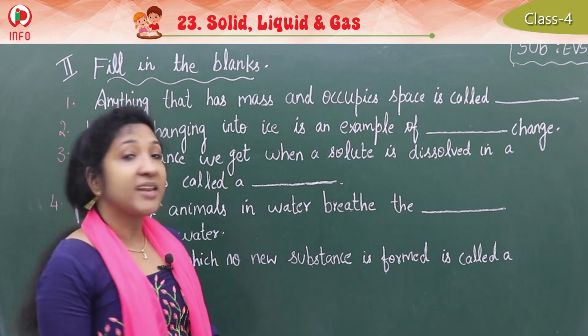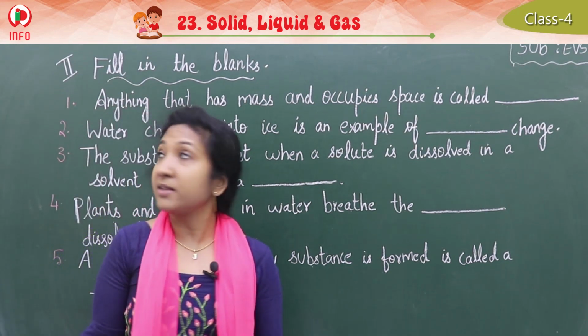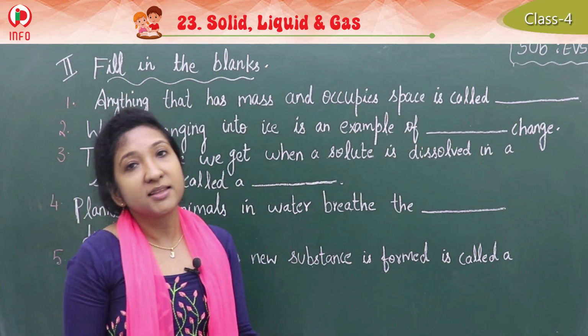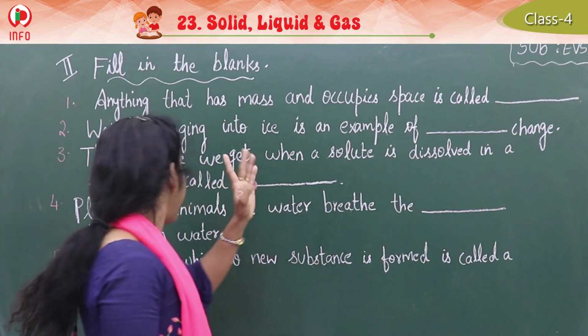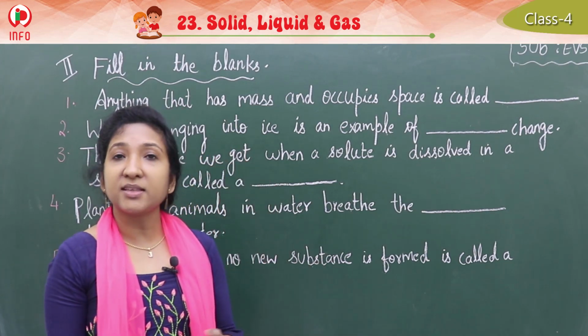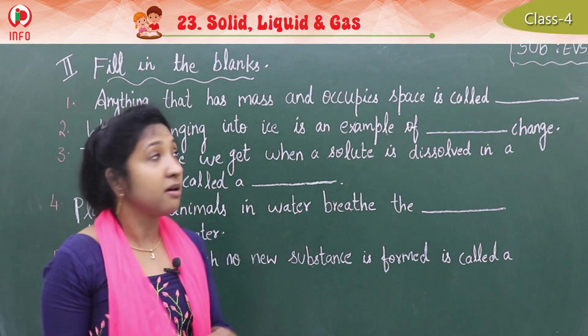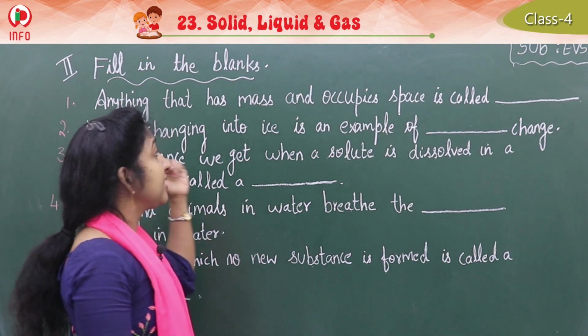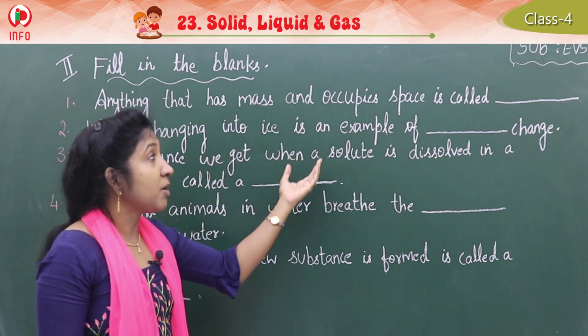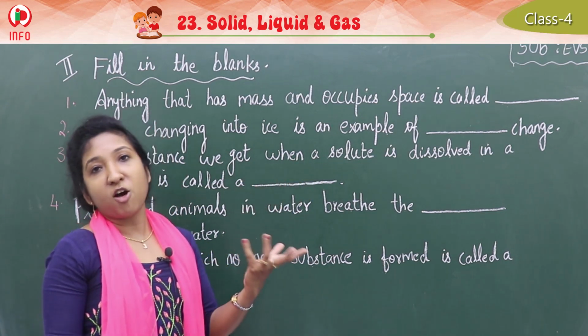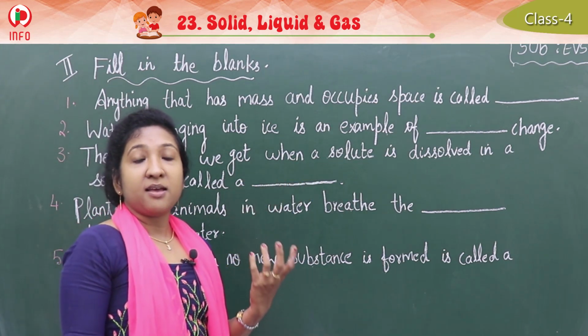Yes children, so our next exercise in the workbook is exercise 2, fill in the blanks. There are 5 fill in the blanks. Read the questions carefully and write the correct answer. Okay, first one, anything that has mass and occupies space is called dash. Yes, it's called matter. M-A-T-T-E-R, matter.